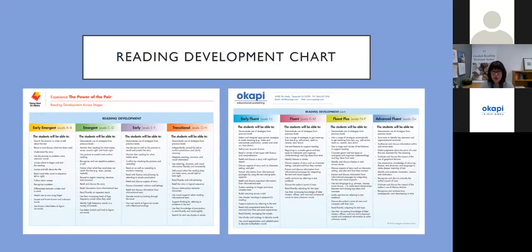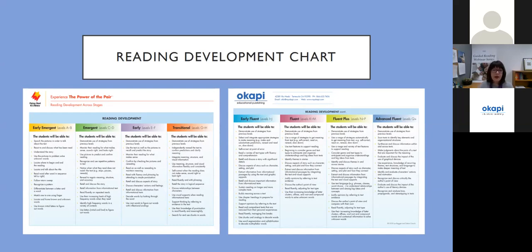Now, the reading development chart I put back in here because as we think about leveled text, what we have to realize is that these texts are written and created in such a way to develop and provide opportunities for the development of these reading behaviors that you see here. So the reading behaviors exist along a continuum. The texts are created to support the development of those reading behaviors.